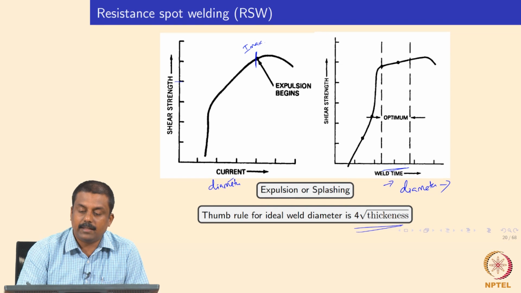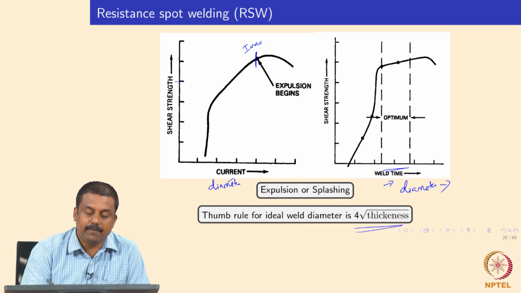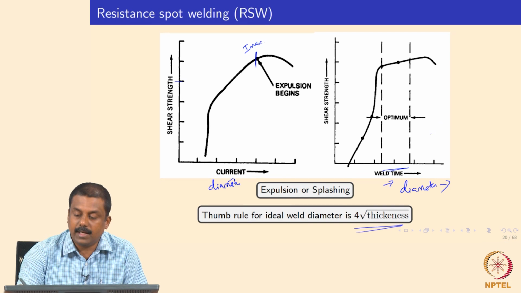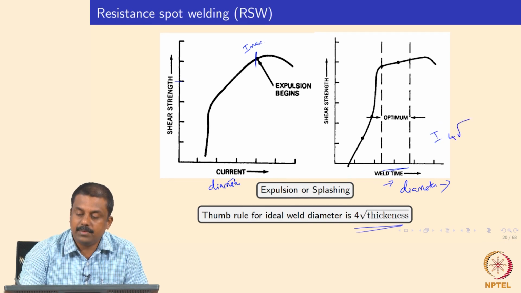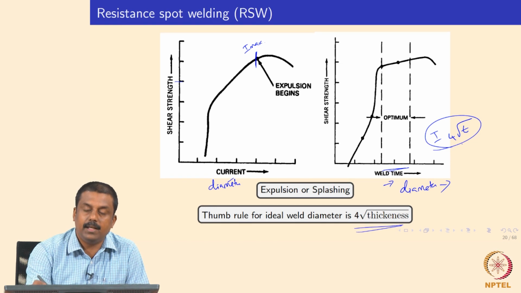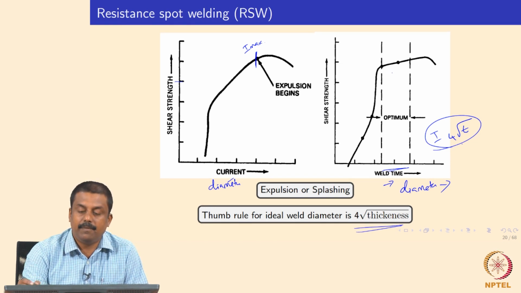Generally, once you identify the Imax and the current at which you get the weld nugget diameter of 4 times the square root of thickness, we can take that current level and then identify at what welding time we will get an ideal strength of the weld. So we will again measure the shear strength as a function of welding time.